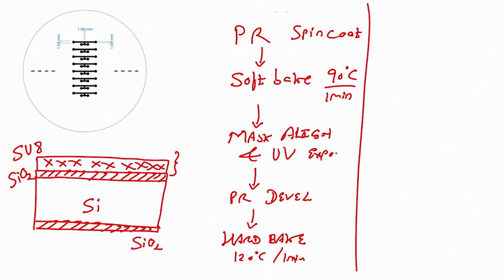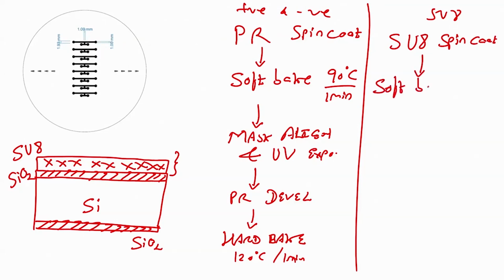But when you want to use SU8, first step is PR. So, SU8 spin coat, SU8 is similar to negative photoresist, but anyway SU8 spin coat. Next step would be soft bake, temperature is different, time is different.